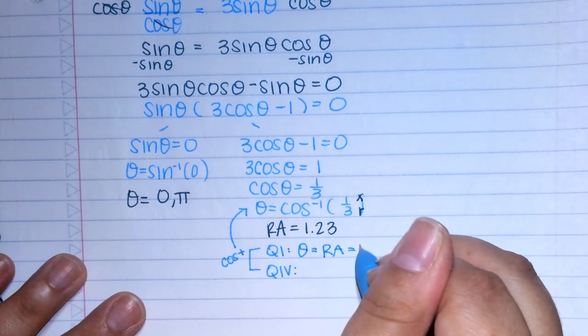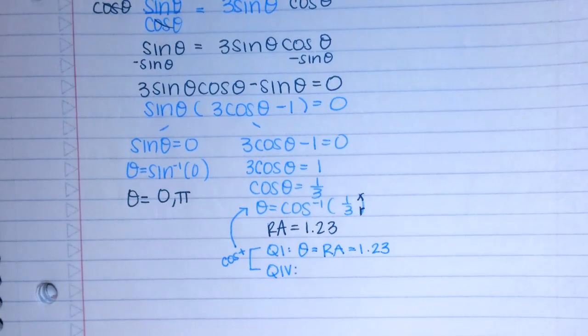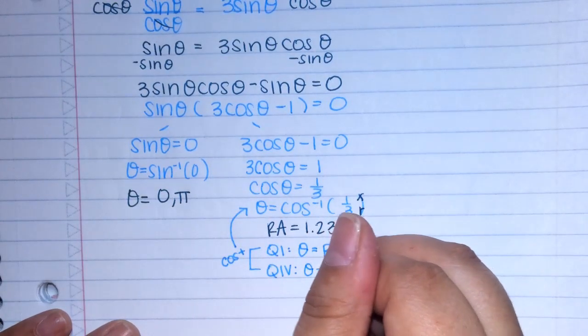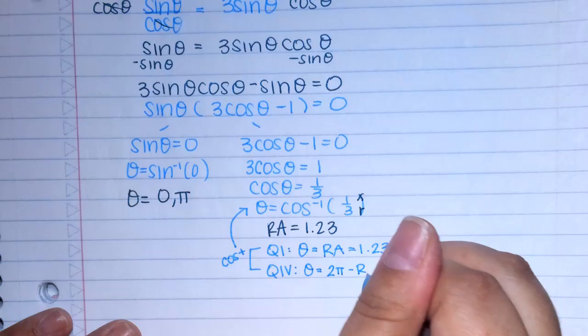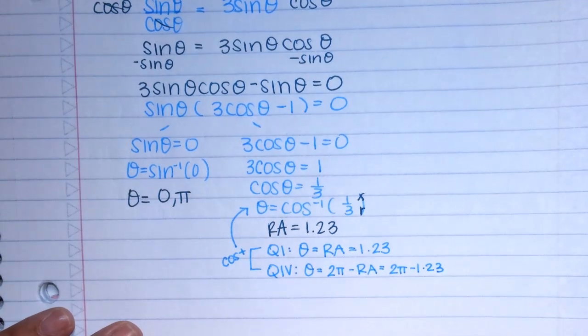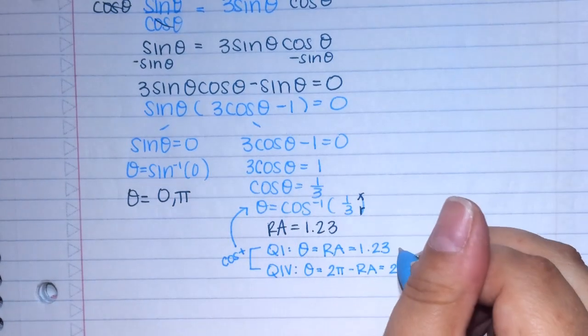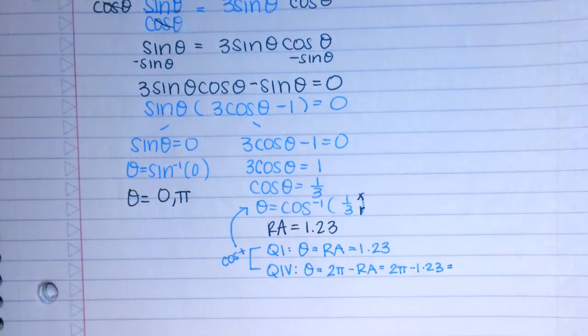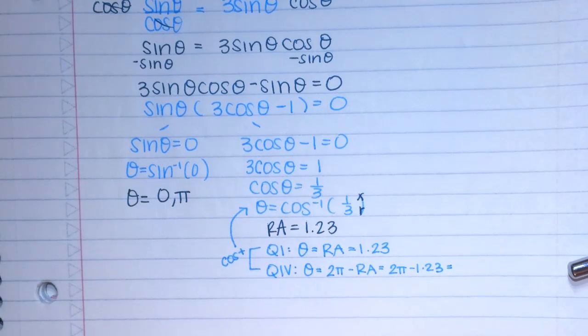What about quadrant 4? 2 pi minus RA. I forgot to do the A equals. Let's do A equals right there. So I can just do 2 pi minus A and I get 5.05.